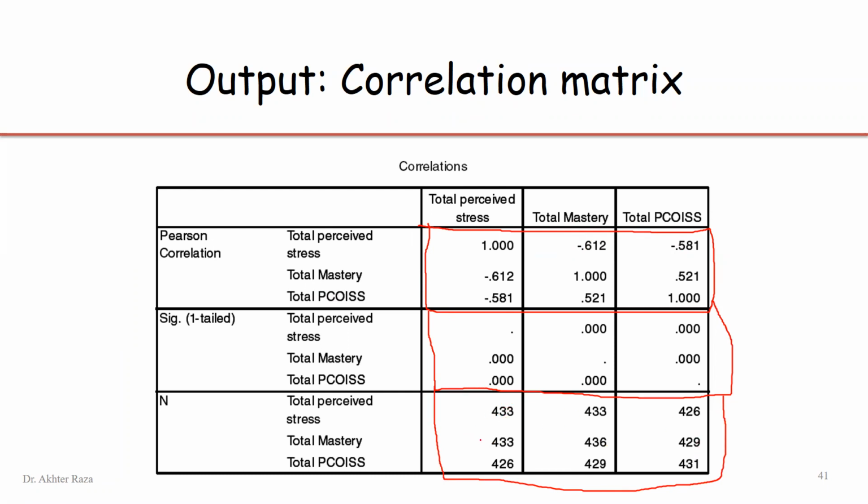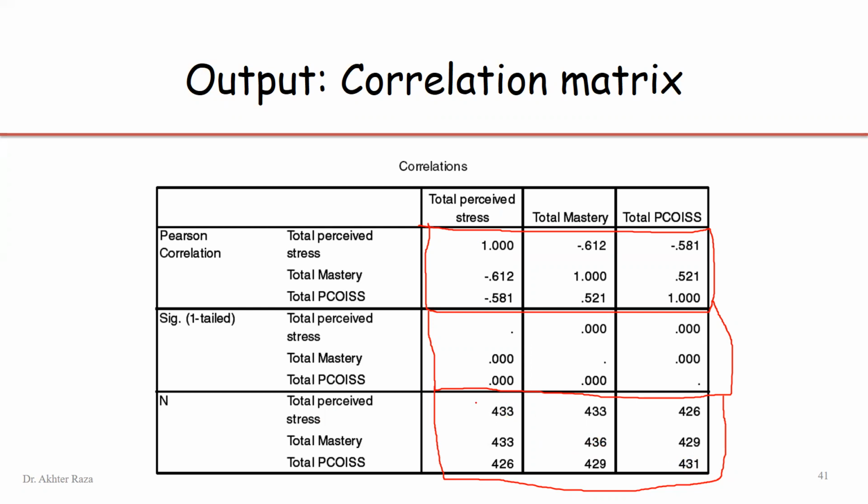So you can see that there are unequal sample sizes in the list. The reason is, if we are analyzing total perceived stress, in the total perceived stress we have 433 observations. In the variable mastery control, we have 436 observations. In the variable PCOISS, we have 431 observations. So different variables have different numbers of observations.